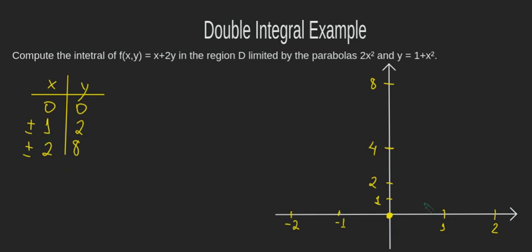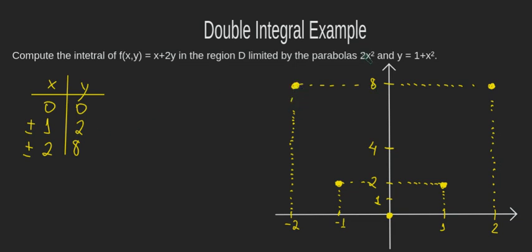So 1 is connected with 2 here, minus 1 as well is connected with 2 here. So I have this point, this point, this point, and plus and minus 2 is connected with 8. So let me make this connection here, and as well here, so about here.